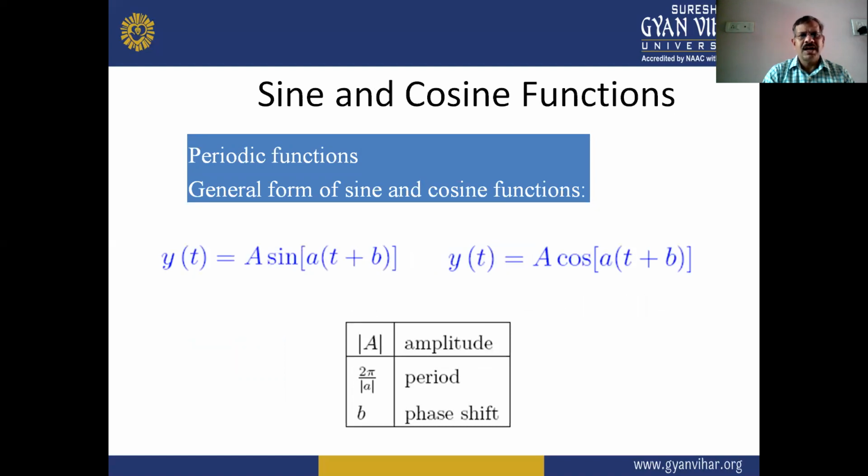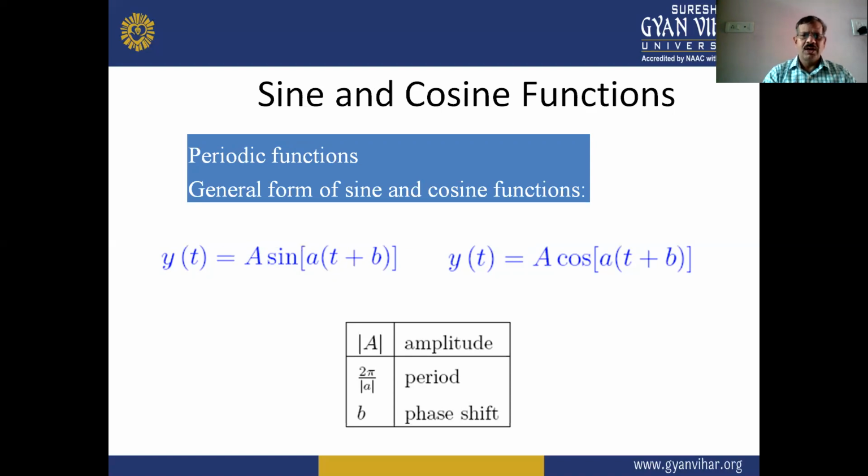And what are the sine and cosine functions? Periodic functions are generally in the form of sine and cosine functions. So here y of t equals A sin of a t plus b, and also y of t equals A cos of a t plus b.